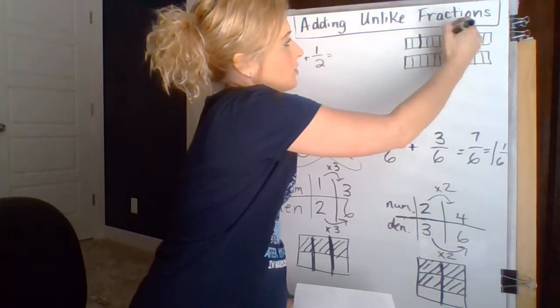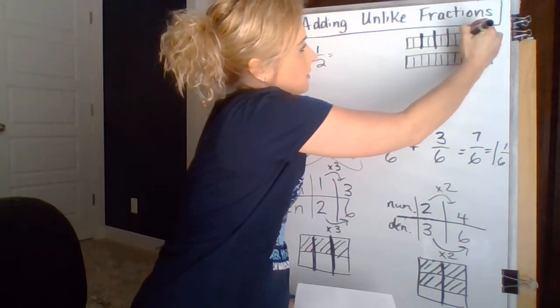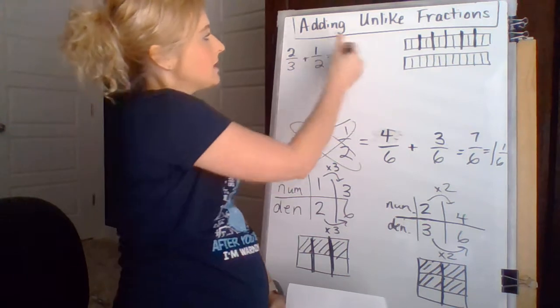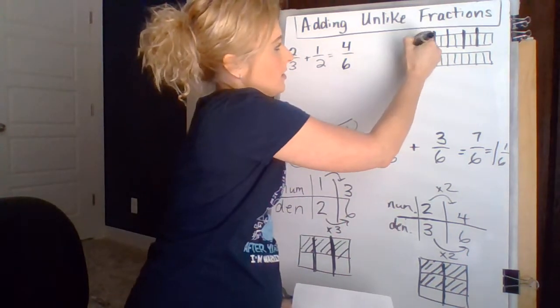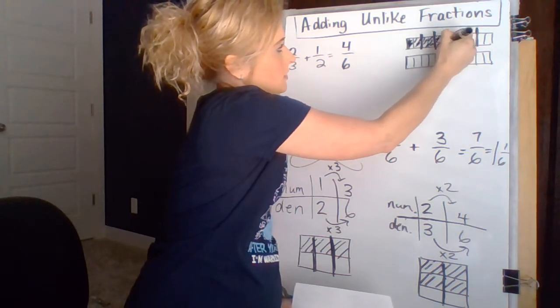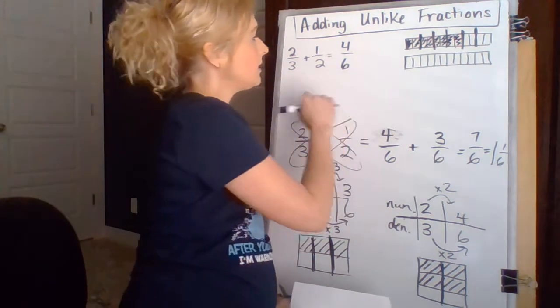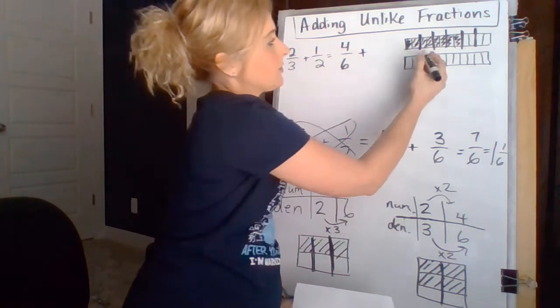So that's why you see those dark lines for every 2 12s is the same as 1 6. And so 2/3 is the same as that 4/6 that we got right here. So we shade in 4/6. And then we also see that 1/2 is the same as 3/6.